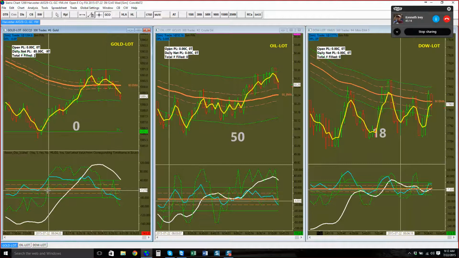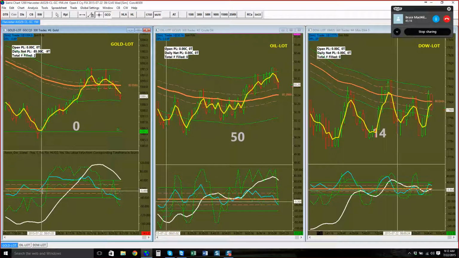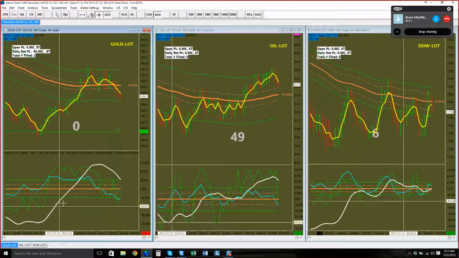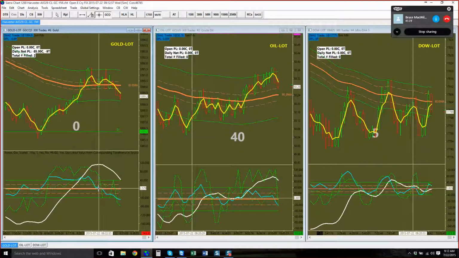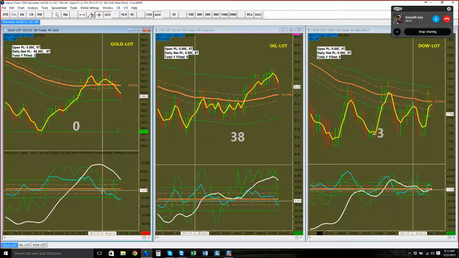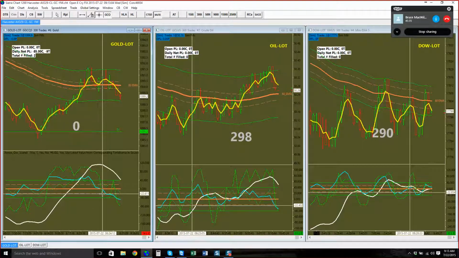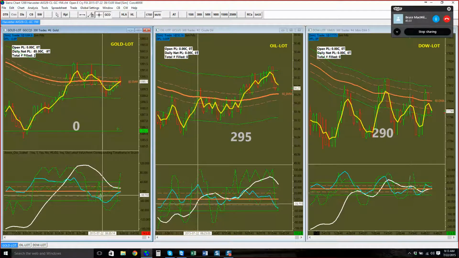And as you can see here, the zero cross of the blue tells us that this is a great place to have taken that long because we're coming off the ultimate valley. And here, the blue zero cross down at around 824 is the best place for us to go take that short because we're coming off of the ultimate peak.